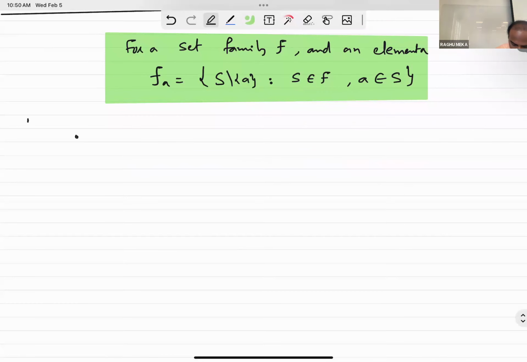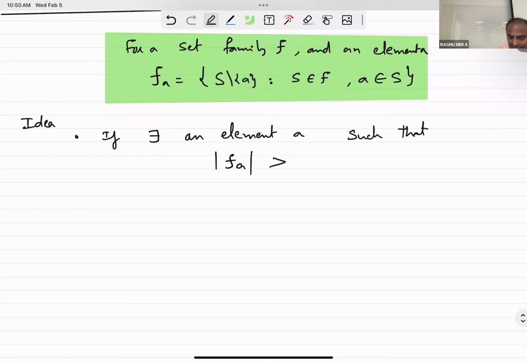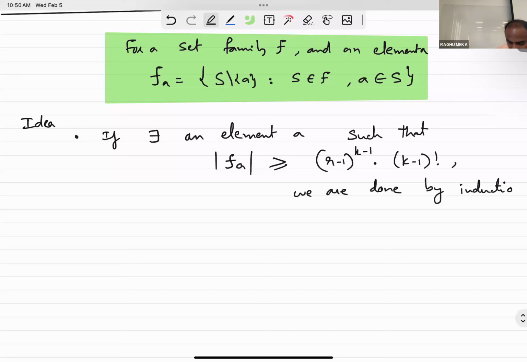So the idea is, if there exists an element A such that F_A is bigger than or equal to the bound, we are done by induction. I'm just rewriting in a slightly more formal way. So there's a case analysis.